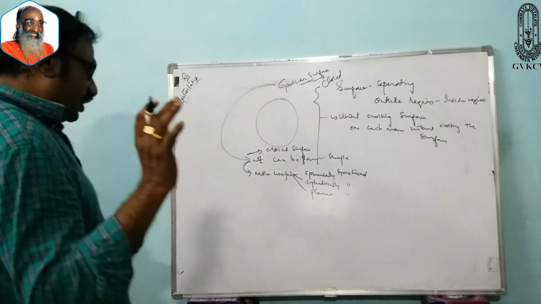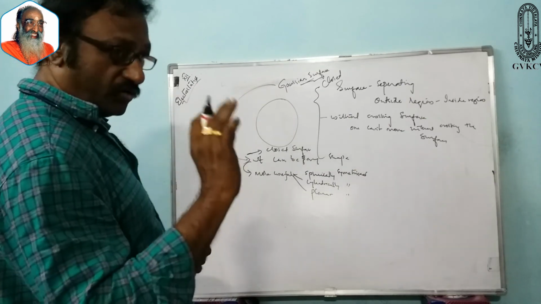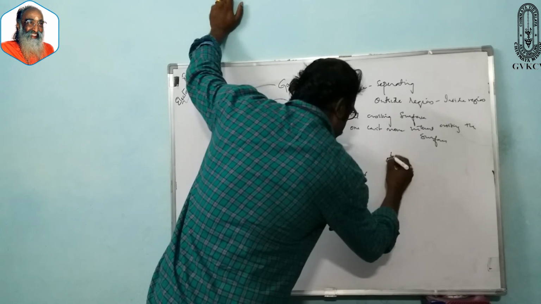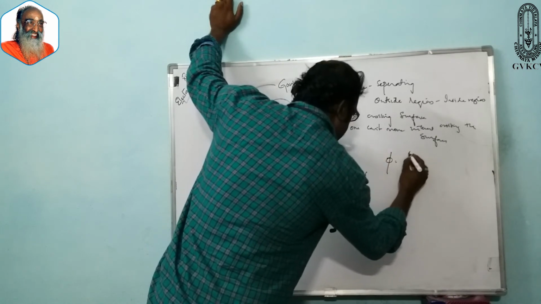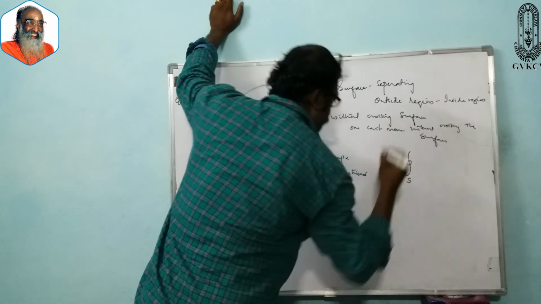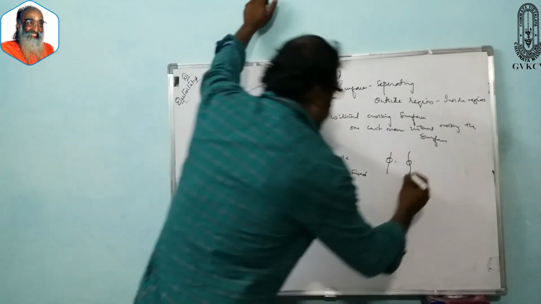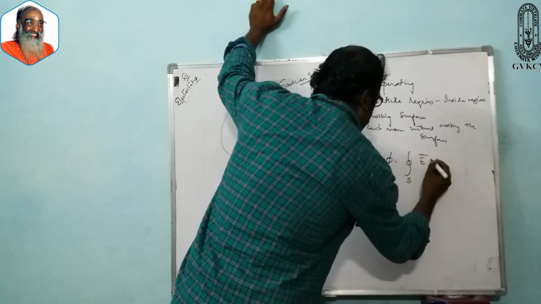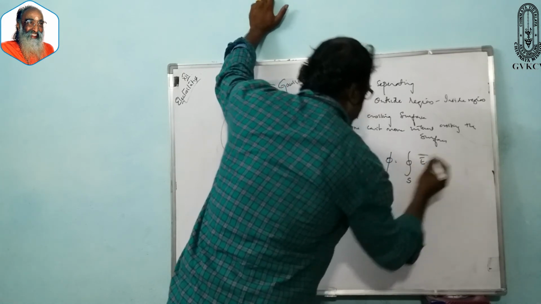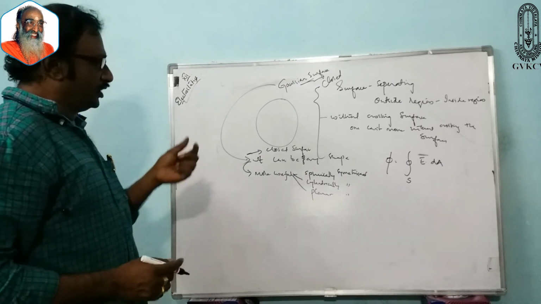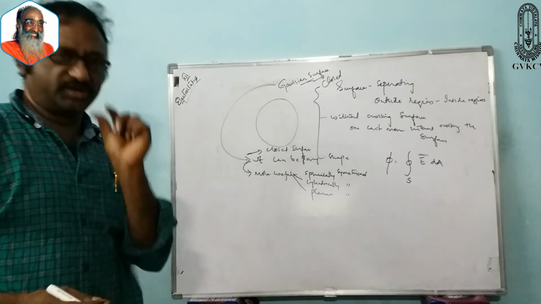Regarding the electric flux of a closed surface, the electric flux of a closed surface is the integral over the closed surface S of E dA. This dA represents a small region.